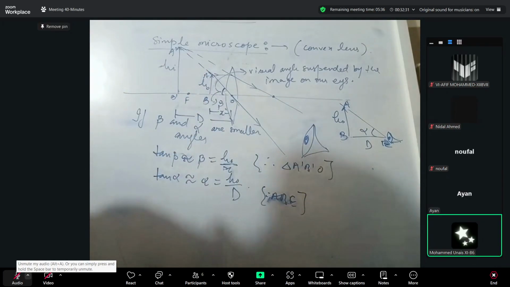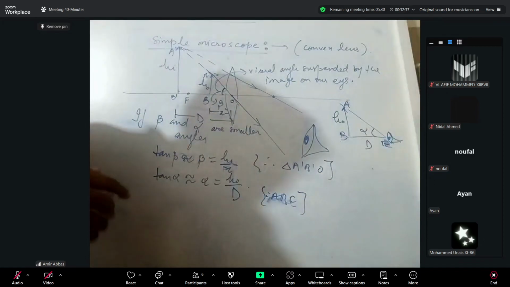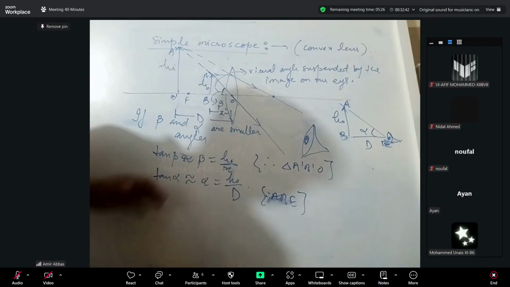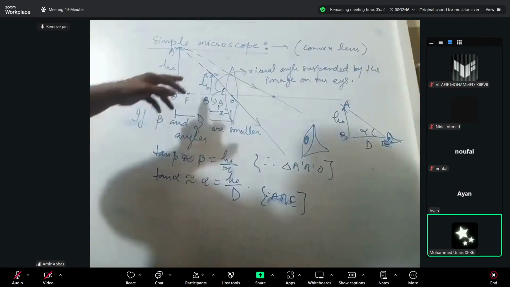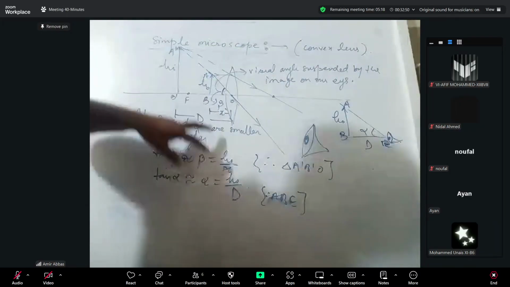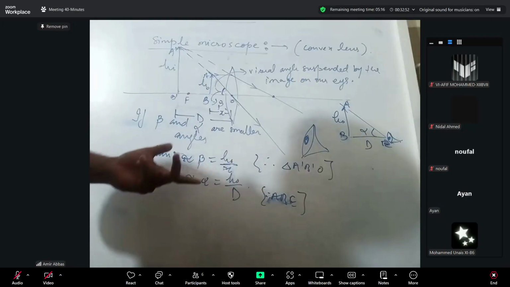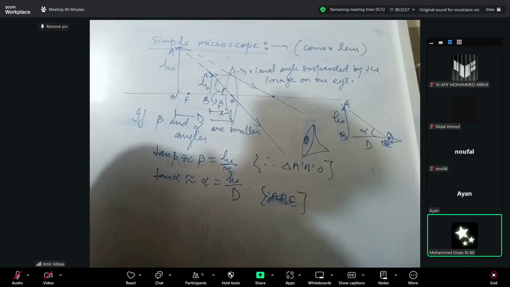Sir, in h naught over x, shall we not write AB instead of h naught? For the height of the object, shall we not write AB? Yes, we can write that, but instead I directly write it to save time.